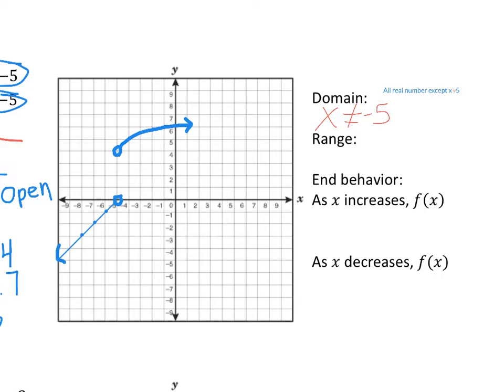Looking more at this, it's not all real numbers because these values are not part of it. Okay? So because of that, we're going to write two statements here. It's y values that are less than 0 because they cap off right here. And it's going to be y values greater than 4.